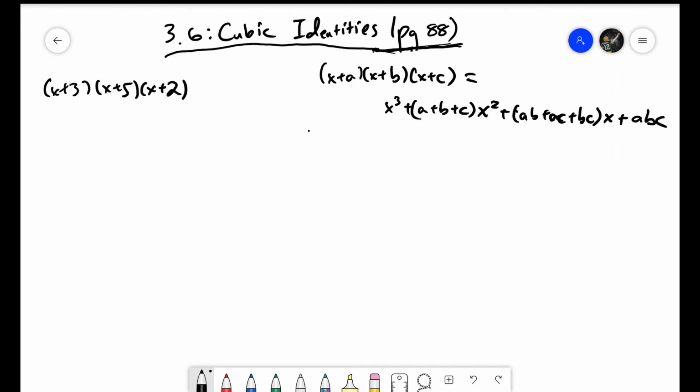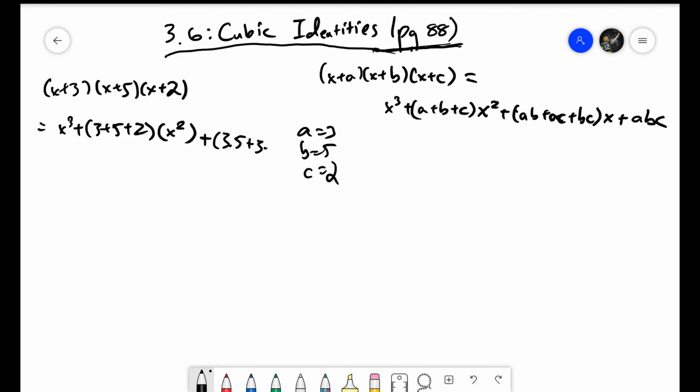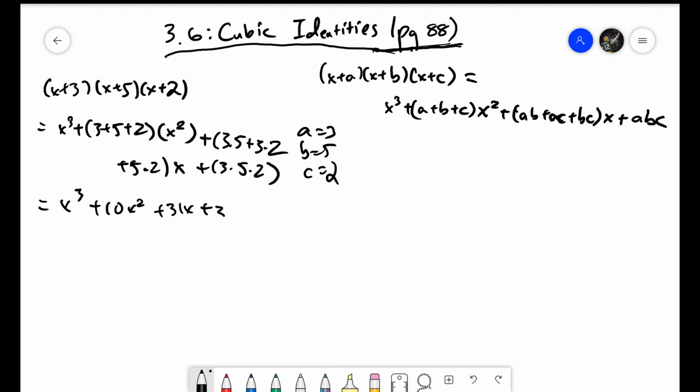So in this case, a equals 3, b equals 5, and c equals 2. So then this is equal to x cubed plus 3 plus 5 plus 2 times x squared plus 3 times 5 plus 3 times 2 plus 5 times 2 times x plus 3 times 5 times 2. And that's equal to x cubed plus 10x squared plus 31x plus 30. And that's the end of the video.